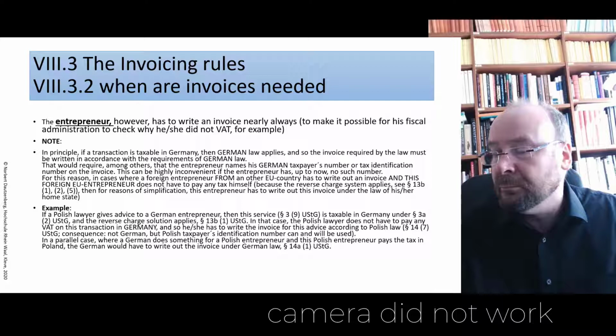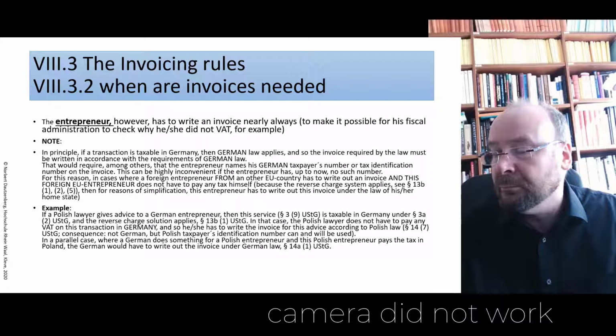Now, if you don't even have a German taxpayer's identification number or VAT identification number, you could regard that as a kind of open admission that you never intend to pay your taxes in Germany.